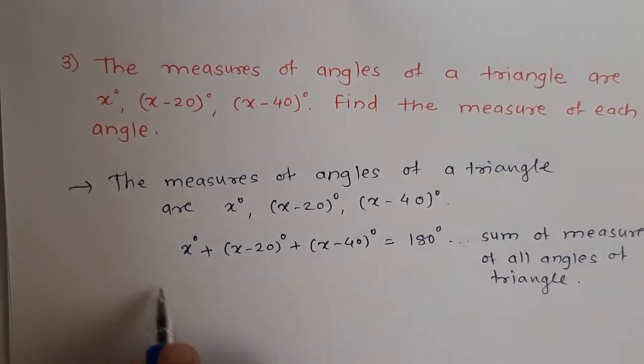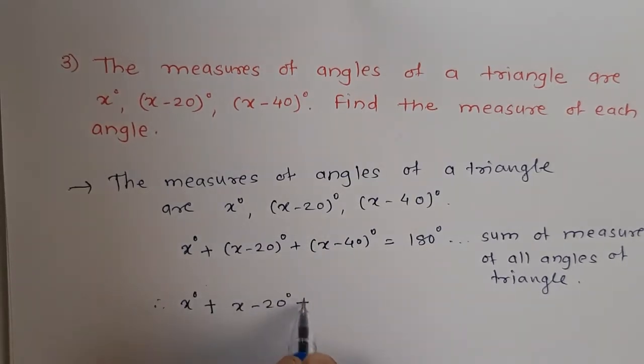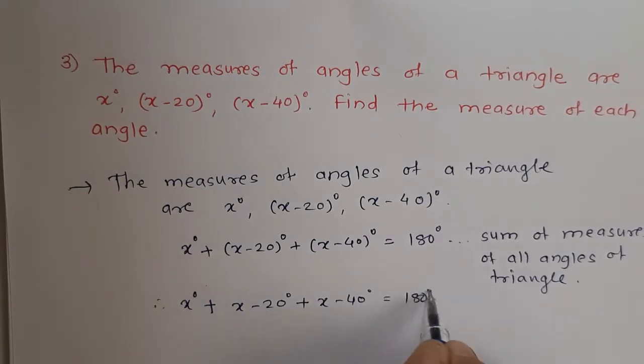Okay, now we'll solve this one. Remove the brackets. So x plus x minus 20 plus x minus 40 equals 180 degrees.